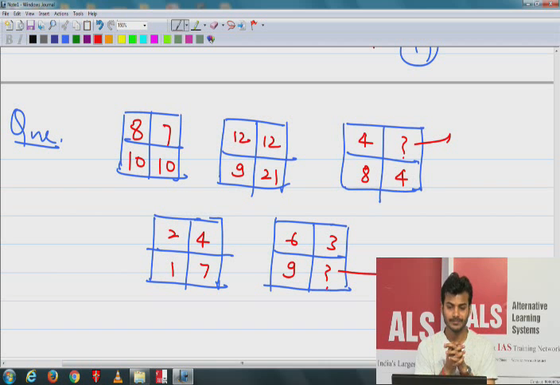How's the pattern we are getting here? 1247.